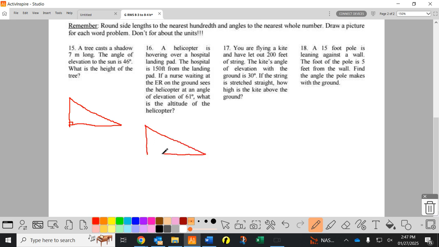Try to make them go all the same direction, then you won't get confused. Pause right here if you haven't drawn them as quickly as I have, which is fine. There are your 4 right triangles that we're going to fill in the information on.